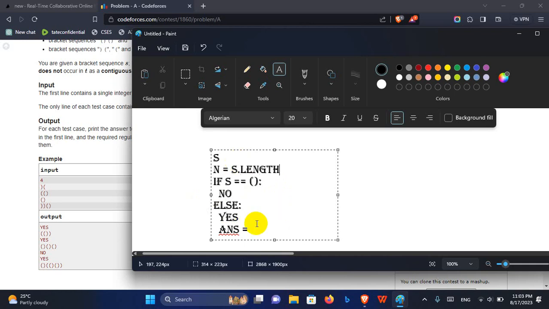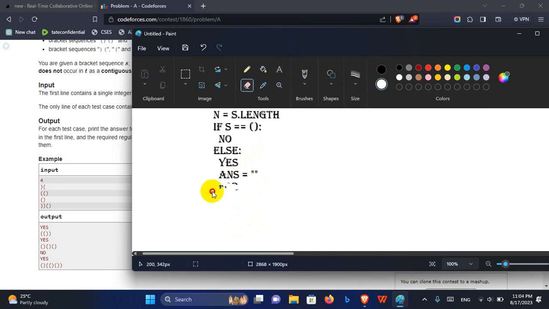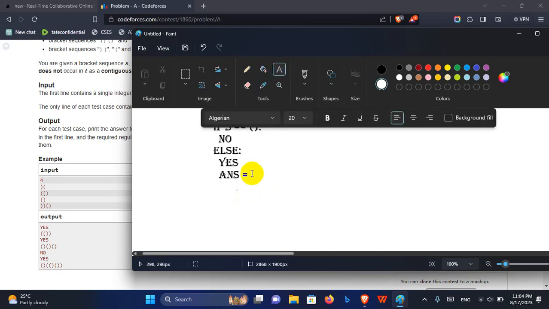So then what we have to do, we have to make this answer, and then the answer would be n times this thing, this bracket pair.